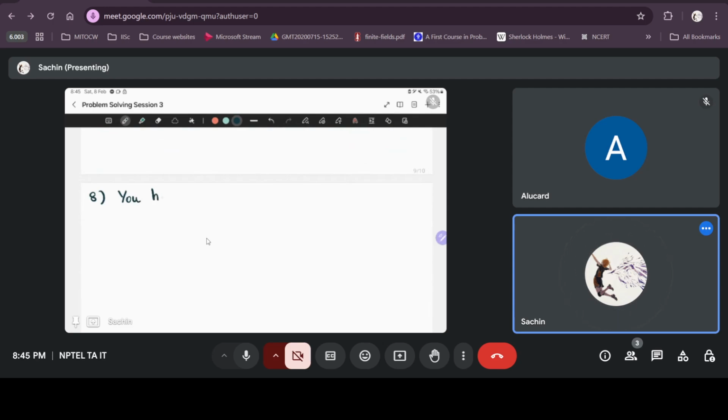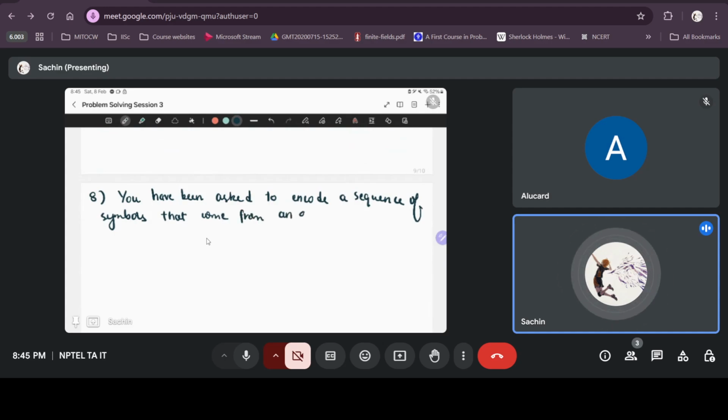Question 8. You have been asked to encode a sequence of symbols that come from an alphabet with D symbols.